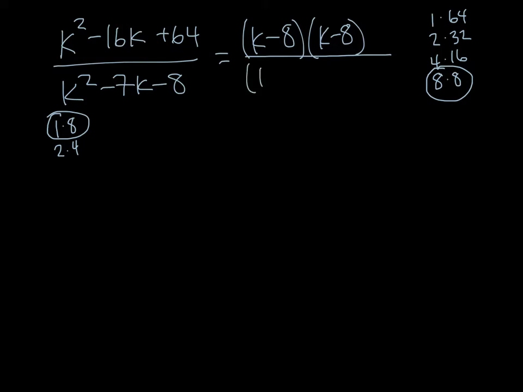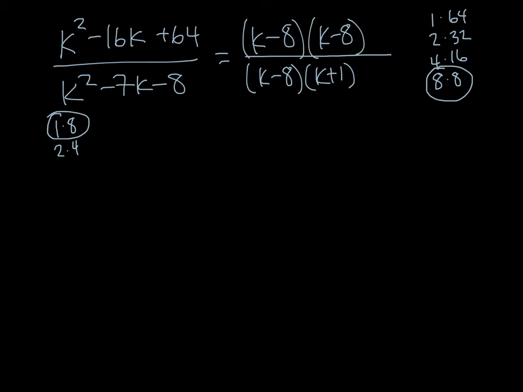So here I'm going to do k minus 8, k plus 1. And that's going to give me the minus 7 that I want. And a minus 8 times a positive 1 is going to give me a minus 8 here. And you could check this. If I foiled both of these, I would get back to where I was before.